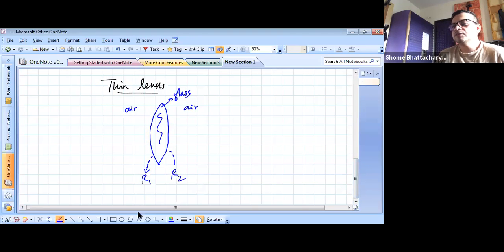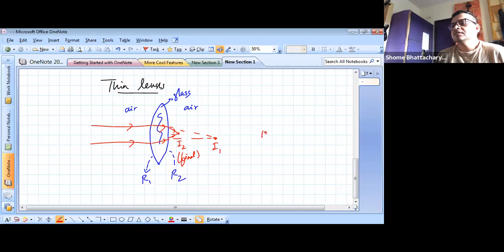So if light is incident parallel to the principal axis, you get some image, let's say I1, that becomes the object for the second refraction, and the final image is I2 over here.